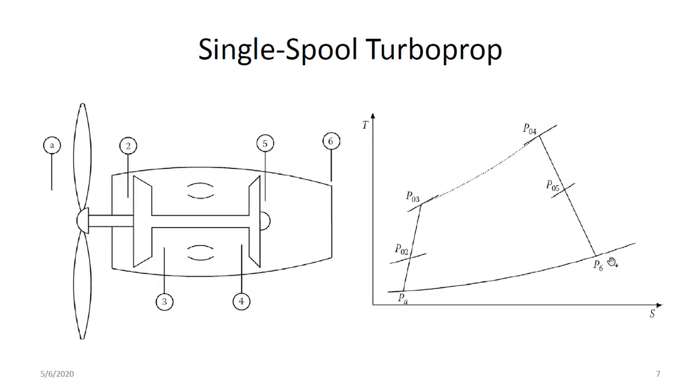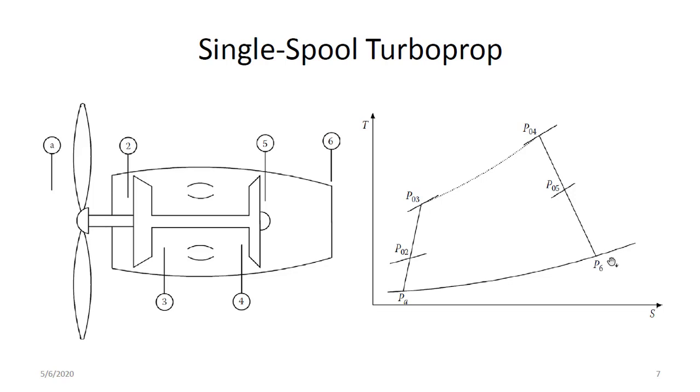So this sketch shows a single spool turboprop engine together with its temperature entropy diagram. From the station numbering, A is upstream, where you've got atmospheric conditions.